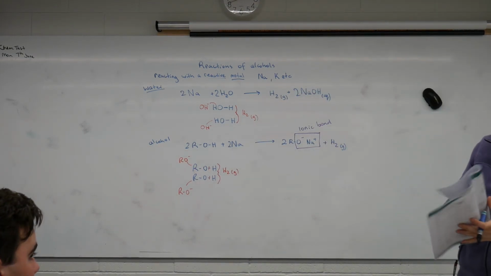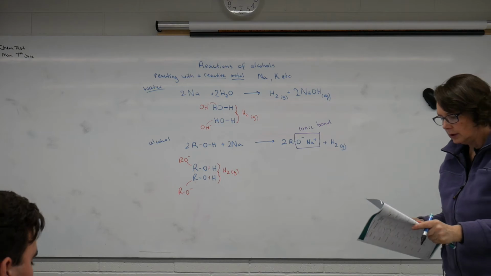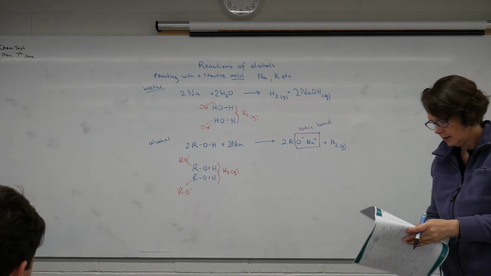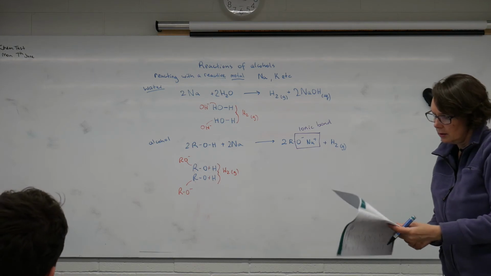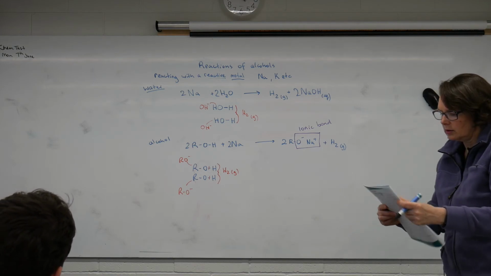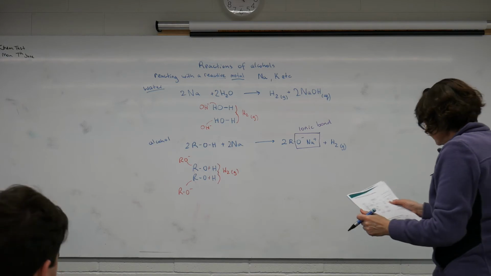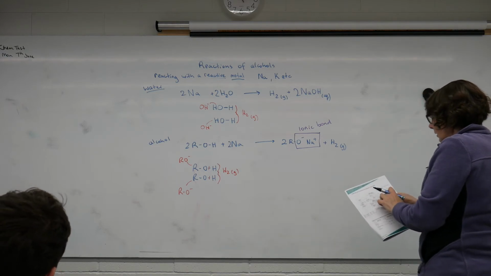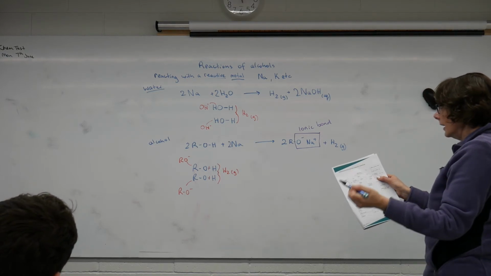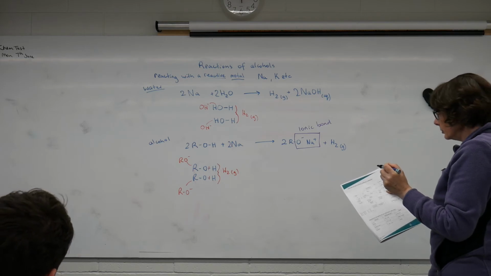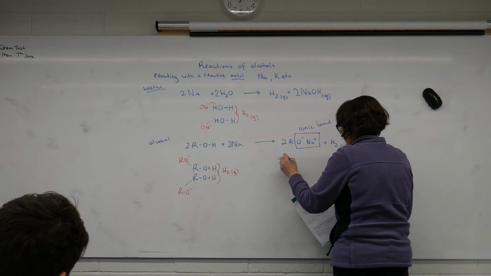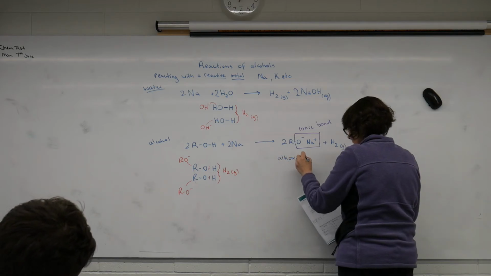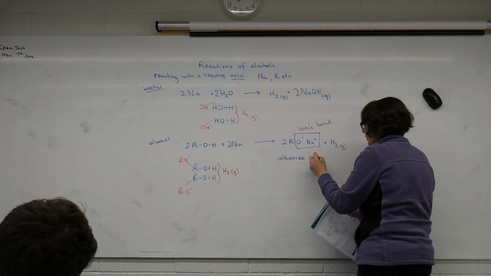It's off to the side actually. It says alcohol in the middle and active metal, for example sodium, forms the alkoxide and hydrogen.